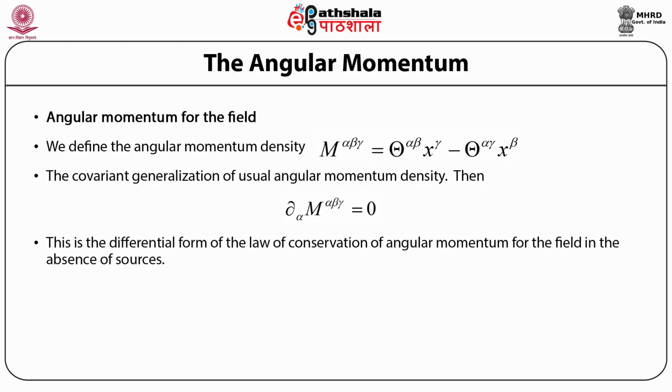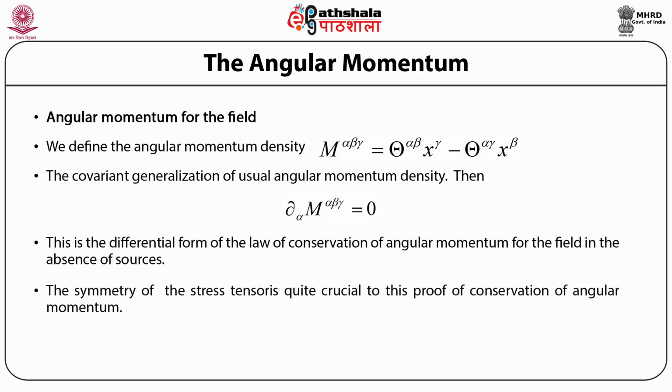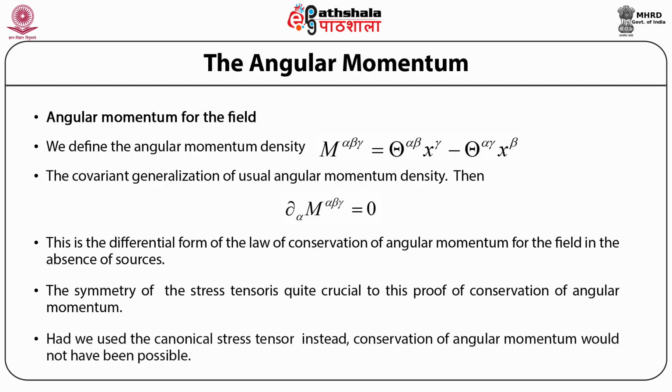This is the differential form of the law of conservation of angular momentum for the field in the absence of sources. The symmetry of the stress tensor is quite crucial to this proof of conservation of angular momentum. Had we used the canonical stress tensor instead, conservation of angular momentum would not have been possible.